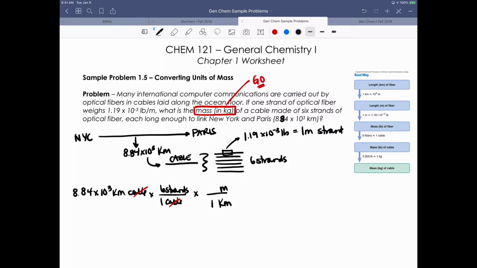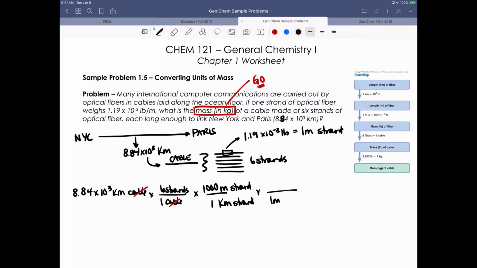But 1 kilometer here is 1,000 meters. I could very easily write the 1 with the meter, and then have 10 to the minus third with kilometers. Both of those would be correct. What is important is that I have kilometers on the bottom and meters on the top. Again, this is kilometers of strand and meters of strand.